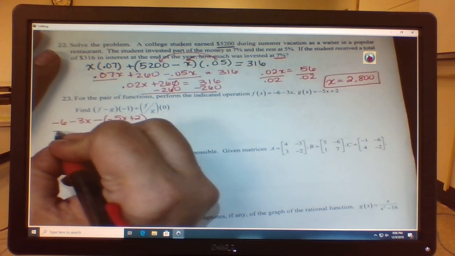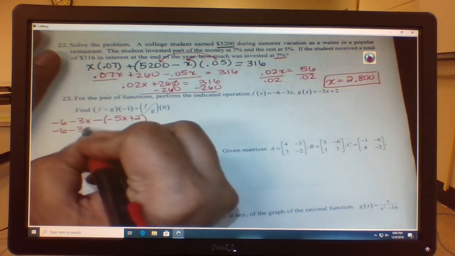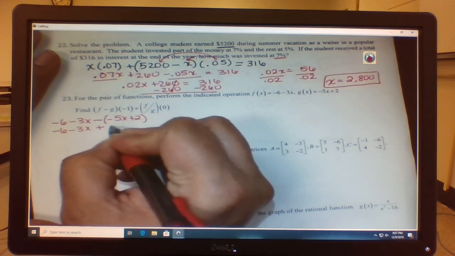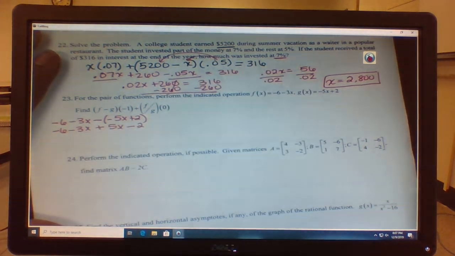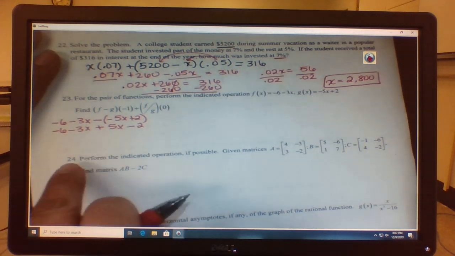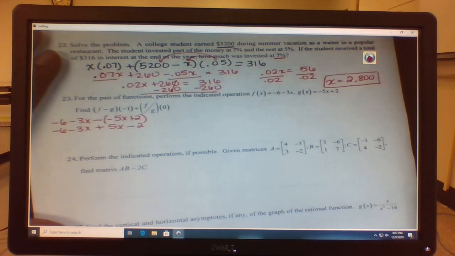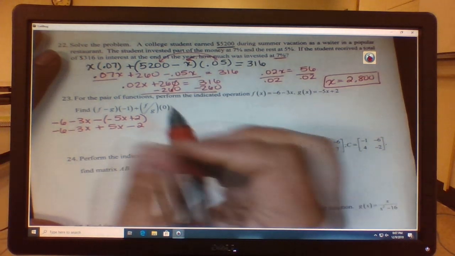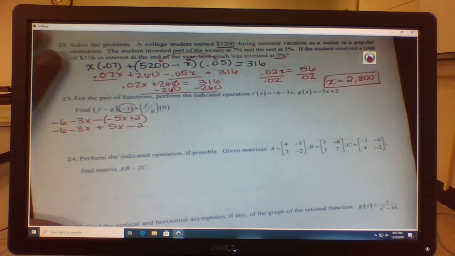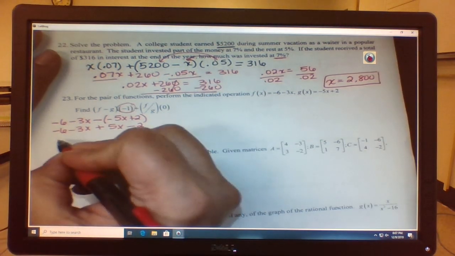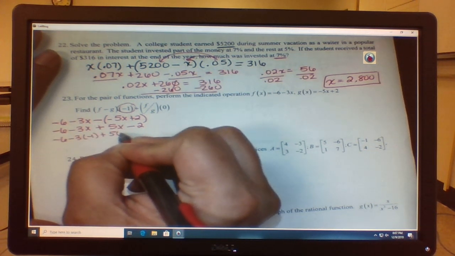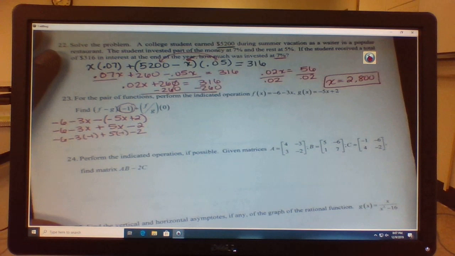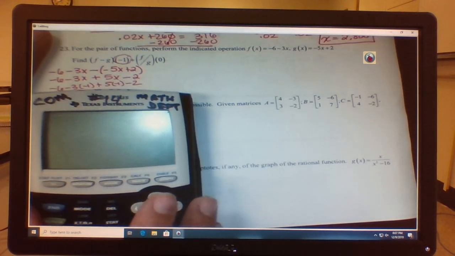So this becomes -6 minus 3x plus 5x minus 2. Do we understand what just happened there? Because that's subtraction, right? Now, it says plug in a -1. -6 minus 3(-1) plus 5(-1) minus 2. Plug it in.